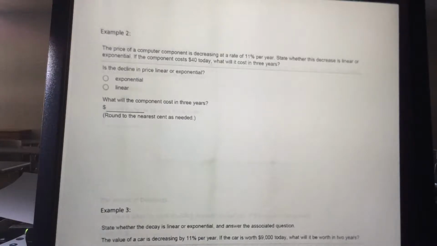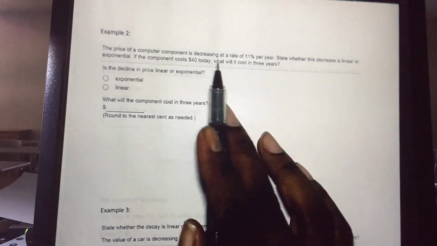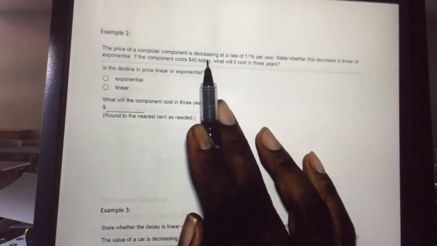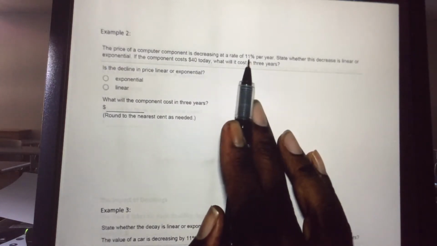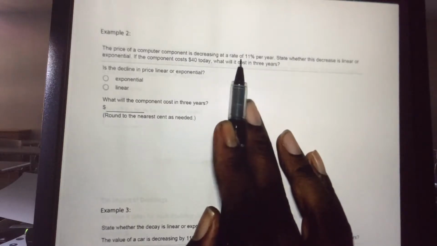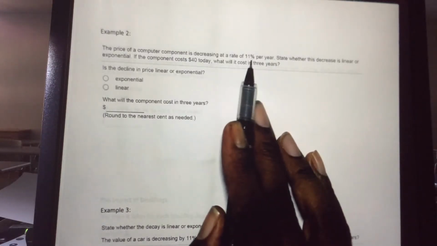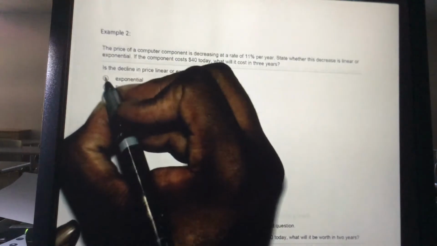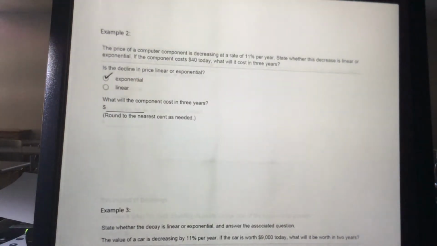And if the component costs $40 today, what will it cost in 3 years? Now, in this case, the cost is going to be decreasing at a percentage of 11%. So here it's going to be decreasing by a percent. That means it is exponential. This is an exponential decline in price.